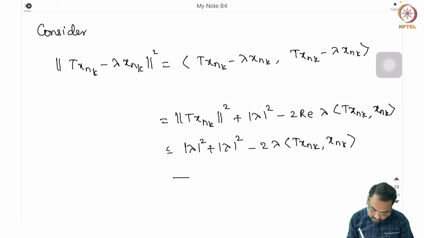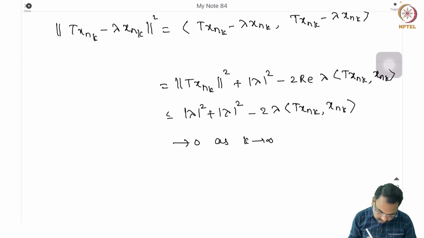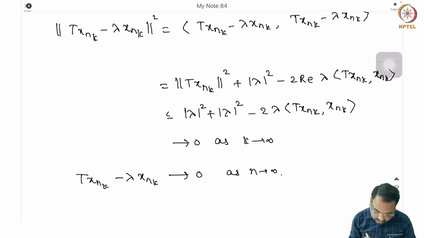This goes to 0 as k goes to infinity, because inner product T xnk with xnk converges to lambda. So we conclude that T xnk minus lambda xnk converges to 0.